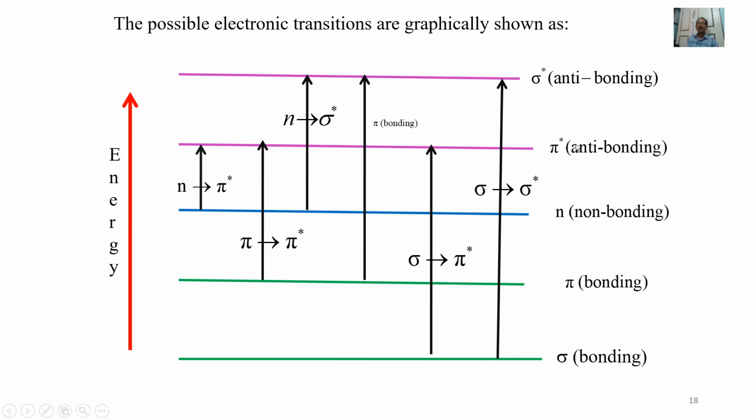Pi star and sigma star are anti-bonding levels, and the transition sigma to sigma star is the larger one. The energy transition for sigma to sigma star is larger compared to other transitions. And this line refers to sigma to pi star, this line refers to n to sigma star, n to pi star, and pi to pi star.